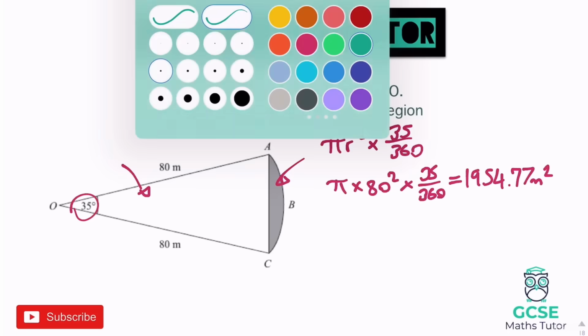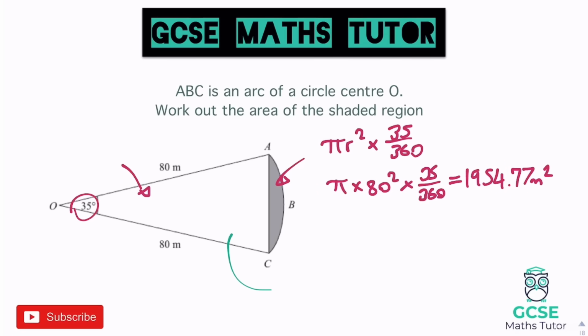Then we can work out the area of the triangle, and obviously not forgetting, just because it's not just a triangle on its own, we can still use our half AB sine C. So we can use half AB sine C to get this one. And if we plug the numbers in, 35 there is our C. And because it's a circle sector, A and B here are the same because it's the radius of the circle.